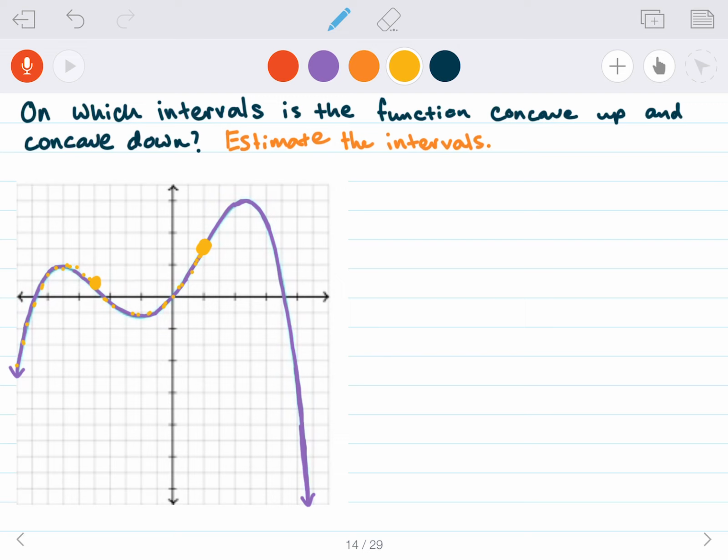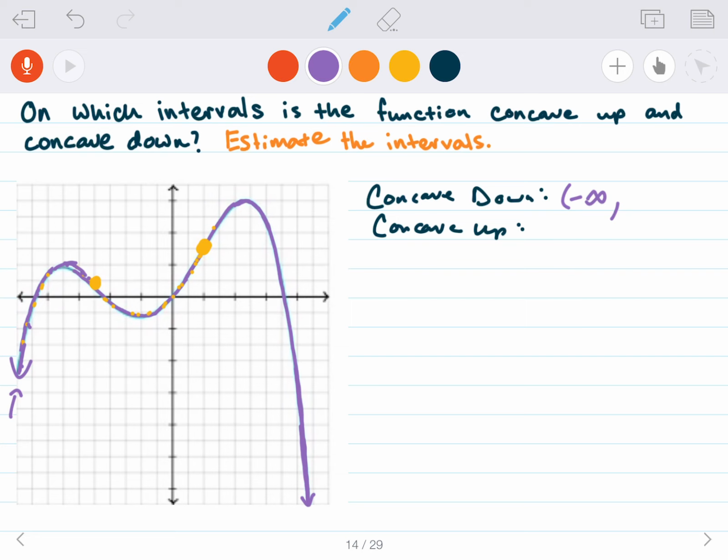So let's go ahead and write this. So let's start with concave down. Okay. So we're concave down. We start at the leftmost point. So this is from -infinity all the way up till that inflection point, which it looks like it's 1, 2, if this is 1.